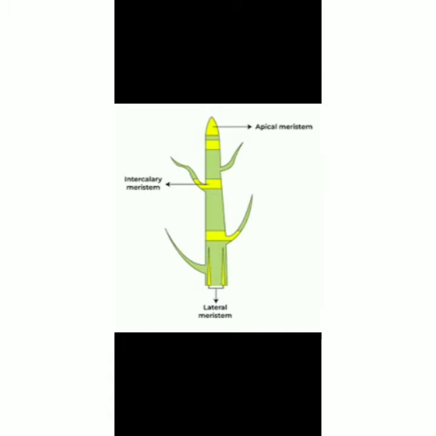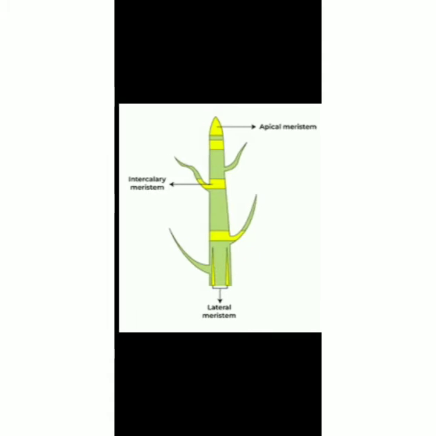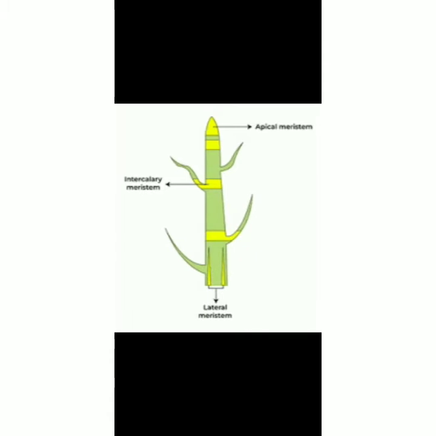Depending on the region where they are present, tissues are classified as apical, lateral and intercalary meristem. Apical meristem is present at the growing tips of roots and stems and increases the length of the stem and root.